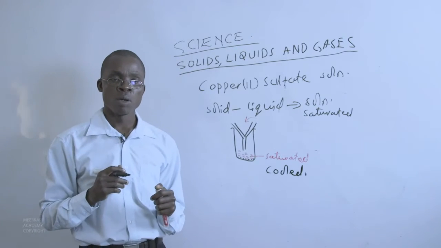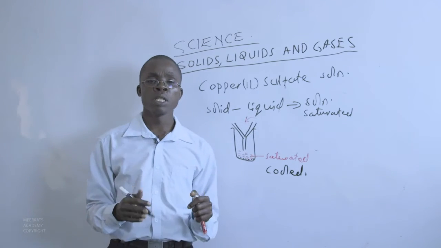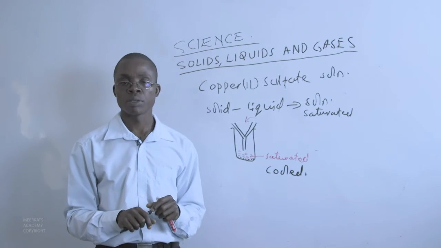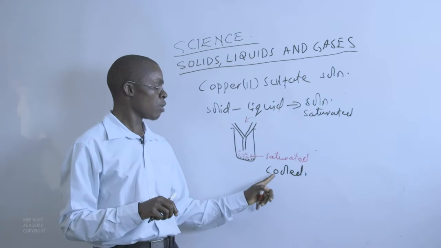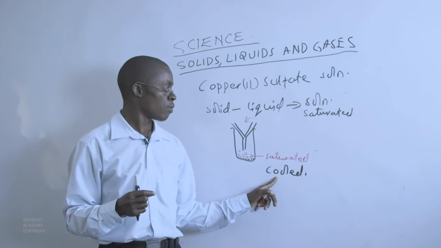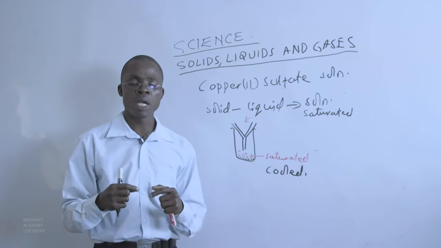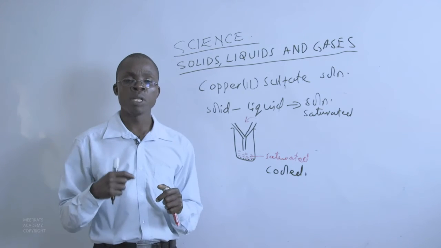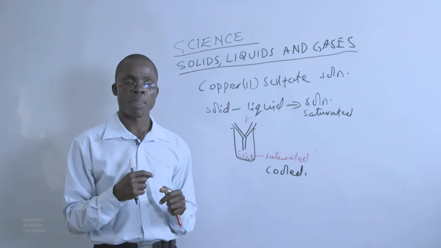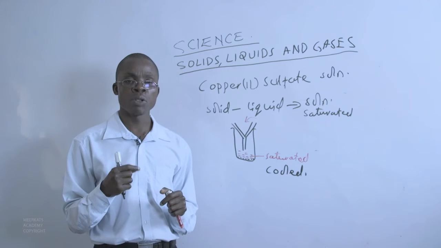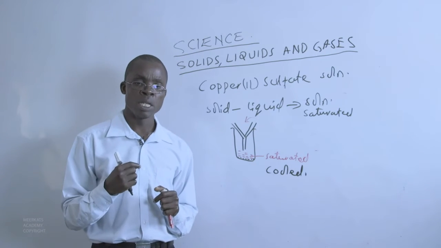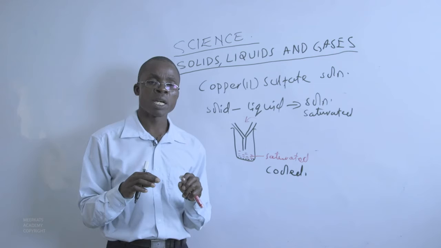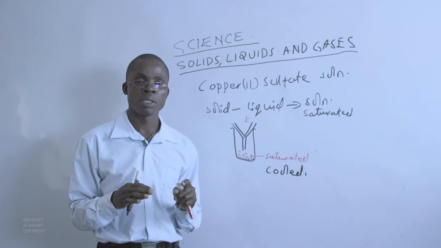What is cooling? Cooling is withdrawal of heat energy from a substance. And when you withdraw heat energy from a substance, you make its particles less mobile. They reduce their mobility, and by reducing their mobility, they reduce the creation of space.